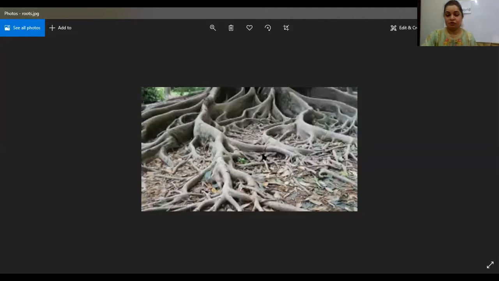So first of all, what I'm going to show you is the type of root, how they grow, and if they are out on the soil, how we can see that, right? So I'm going to share with you this picture in which you can see the roots.